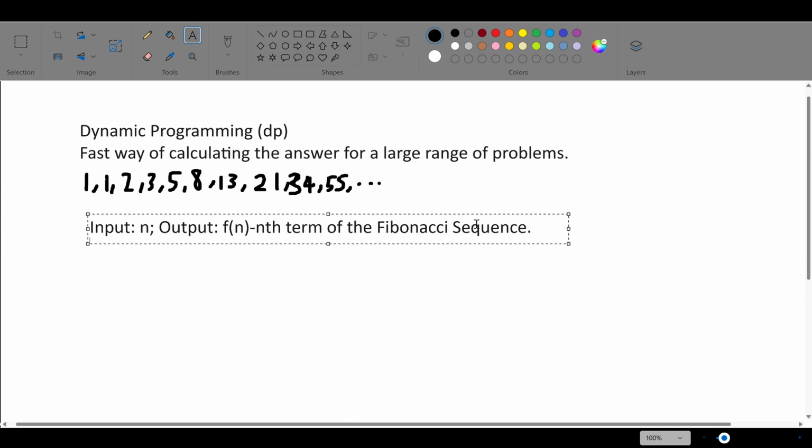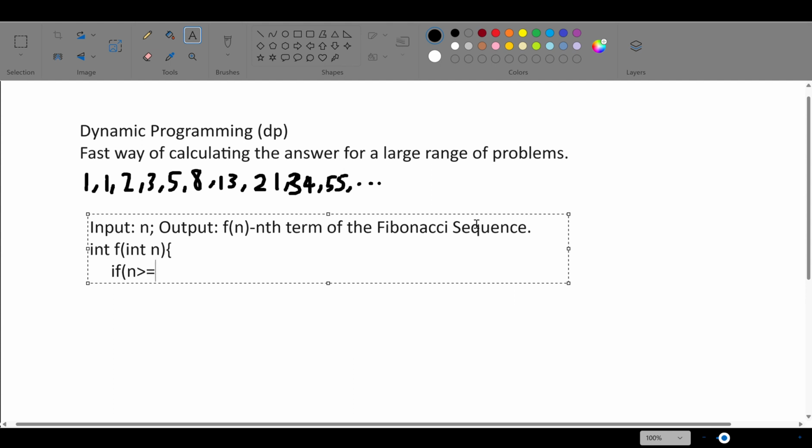Using what we know about recursive sequences, this is how we're going to do it. I'm going to write this in C++, but it's really easy to convert into any other language. We have this integer function, and the input is n, as we discussed.